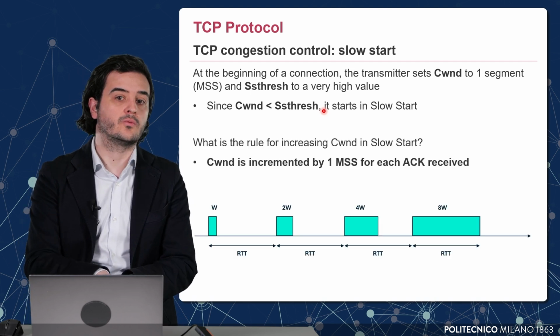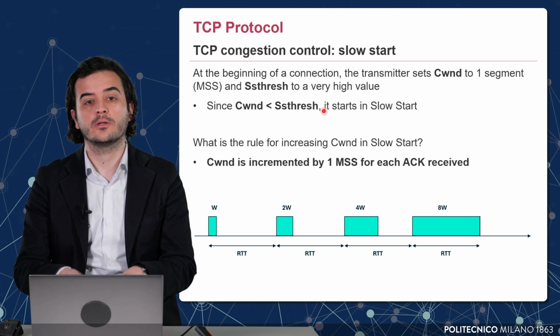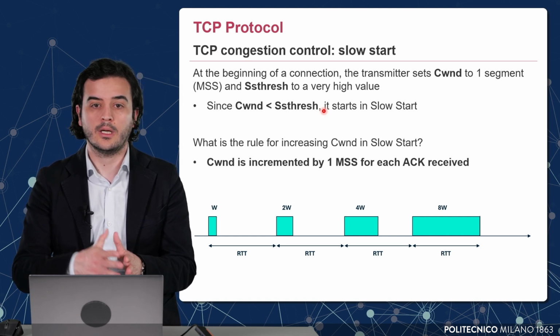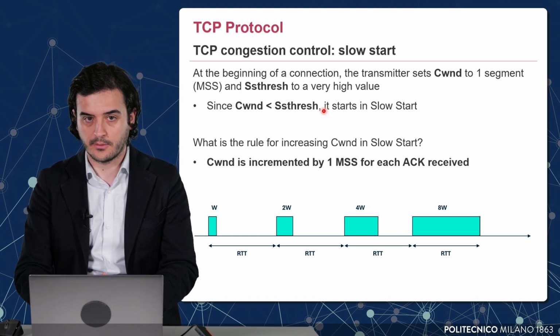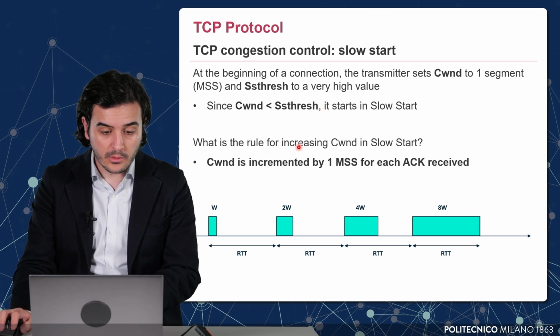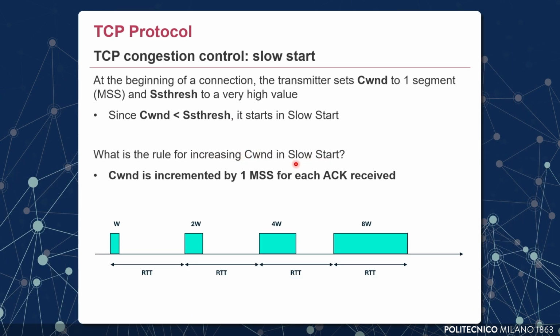However, there are certain rules according to which the congestion window will be increased according to the state of the network. So what is the rule for increasing the congestion window in slow start? The simplest way of putting it is that the congestion window will be incremented by one MSS for each acknowledgement that it receives. What does this mean? We start with a window of one MSS.